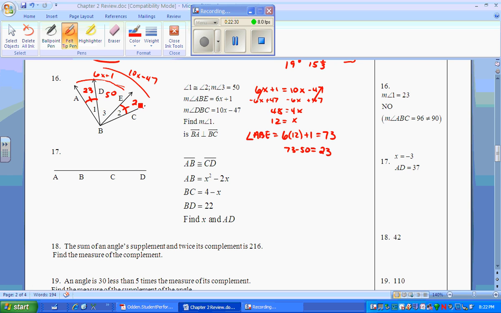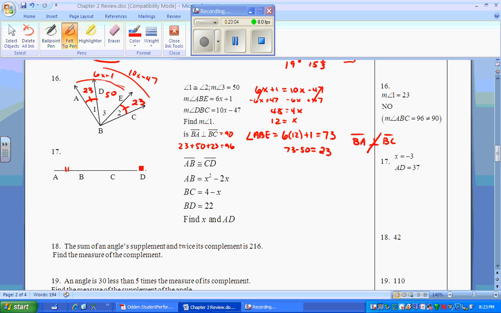So this angle is 23, which means this angle is also 23 because they're congruent. So the measure of angle 1 is equal to 23. Then we want to know, is BA perpendicular to BC? If they're perpendicular, they have to equal 90, and you could take 23 plus 50 plus 23, which equals 96. So BA is not perpendicular to BC.